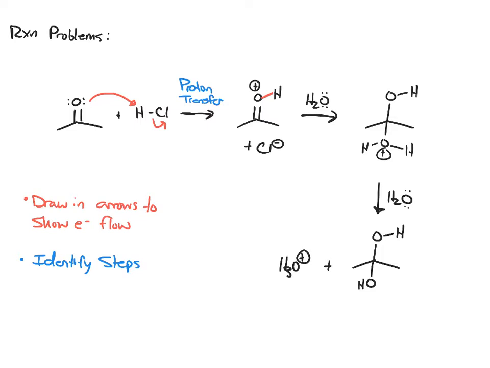And if you look in the product, what you're essentially doing is forming this new bond between the water and the carbon. So to do that, we're going to use the electrons on this oxygen and draw an arrow to that carbon.